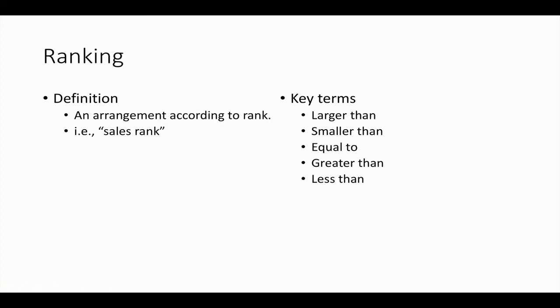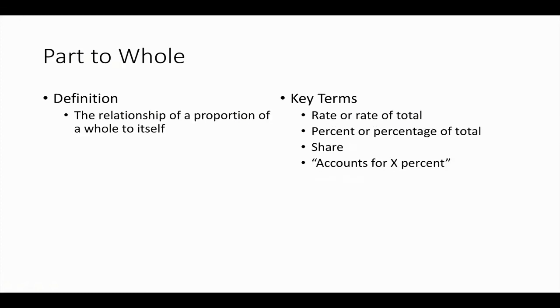The definition of ranking is an arrangement according to rank. Some of these definitions are a little bit intuitively obvious. But when you're saying this is larger than, greater than, less than, highest performer, these kinds of things are going to be talking about rank. And ranks are really just a specialized version of part to whole.